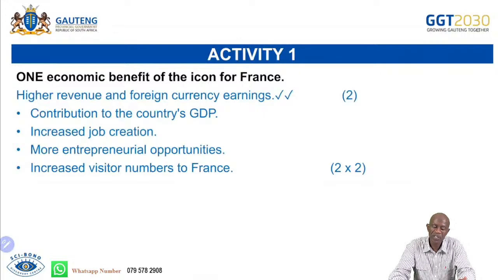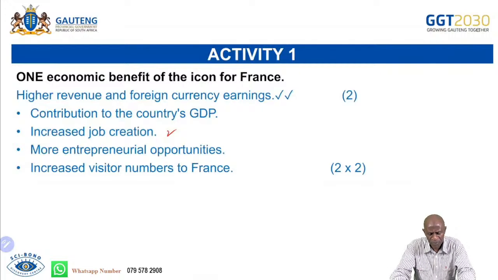The contribution to the country's GDP is immense. So it promotes the country's gross domestic product. There is a marked increase in the GDP of France because of the Eiffel Tower. It has created more job opportunities for people of France.